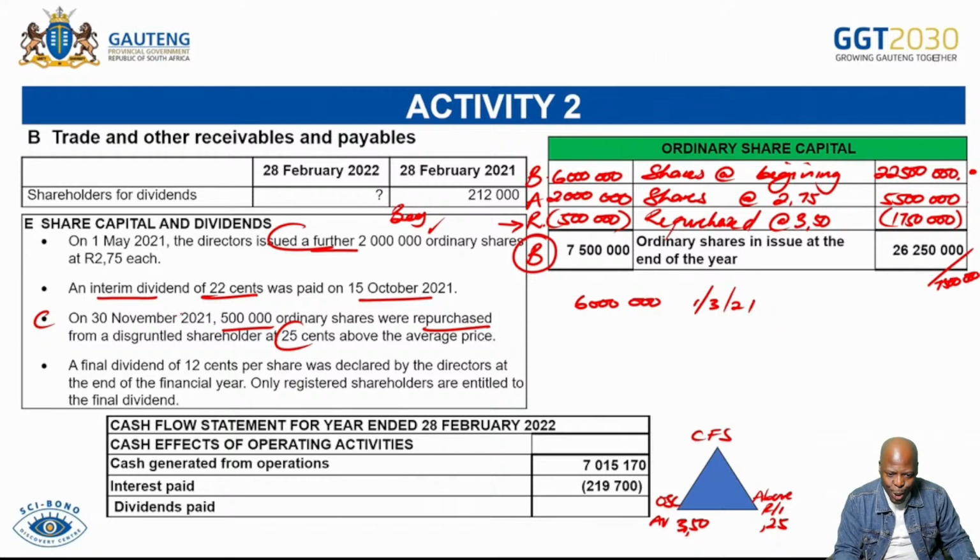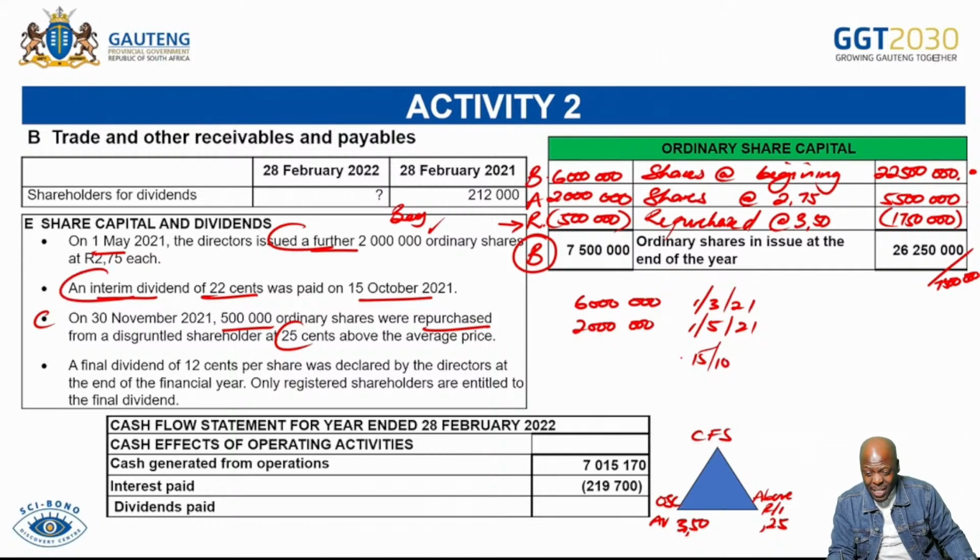And then I issued a further 2 million. 2 million was issued on the 1st of May 2021. Then after that, on 15 October now, I then paid an interim dividend. How many shares was I having at that time? That means I'm going to add this to give me 8 million. I had 8 million shares.